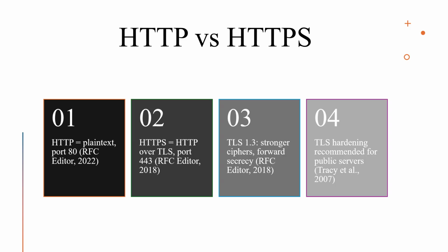TLS 1.3, defined in RFC 8446, is the latest and most secure version. It offers forward secrecy and eliminates outdated cryptographic options. As Richard Buttrey emphasized, TLS hardening is a requirement for public servers. In short, HTTP is obsolete.